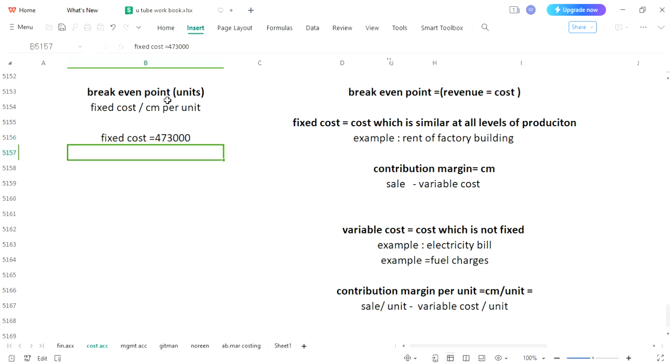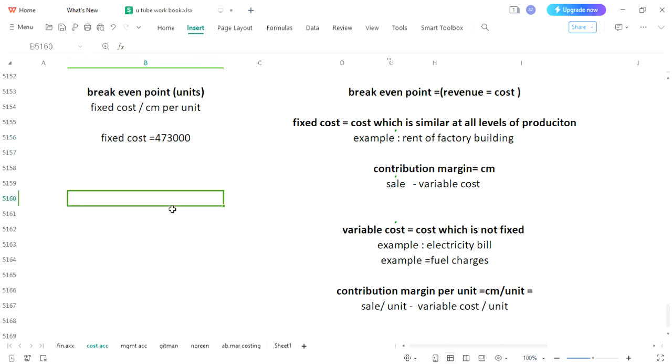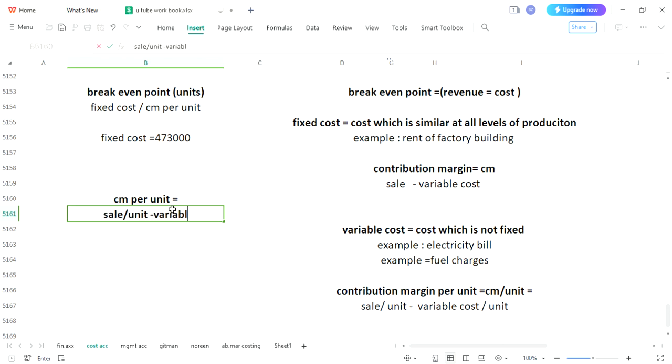Okay, and what next? We need to have CM per unit, and as you can see, we know how to calculate CM per unit. We need sales per unit, and we will subtract variable cost per unit. For that, let's go back to the question.